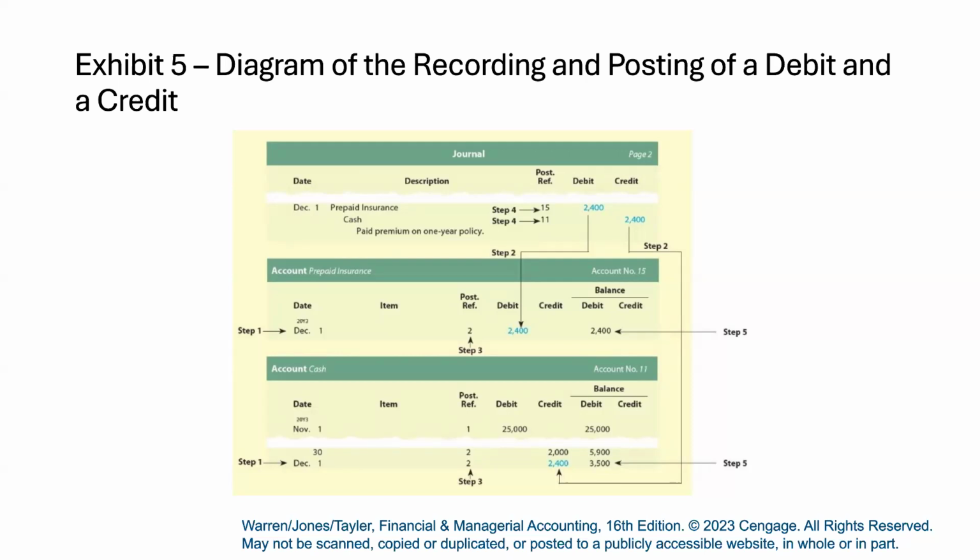So if it had a balance of 5,900 debit, that means we had $5,900 in our cash account, probably a checking account. And then we credited that account 2,400, meaning we took 2,400 out of it. The new balance is a debit of 3,500.